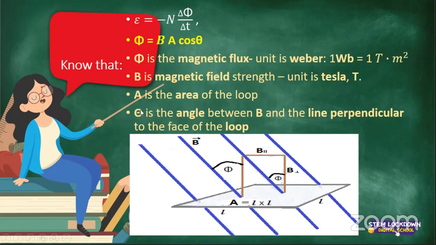And theta is the angle between the magnetic field and the line drawn perpendicular to the face of the loop. So if you are having the loop here, the angle theta will be the angle between the magnetic field and the line drawn perpendicular to the face of the loop. That's basically what every variable in this equation means.